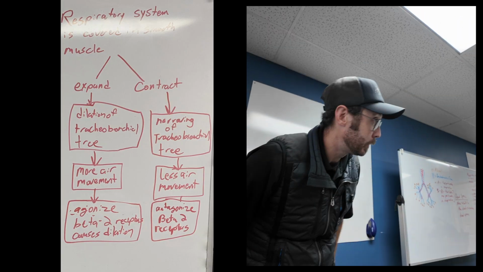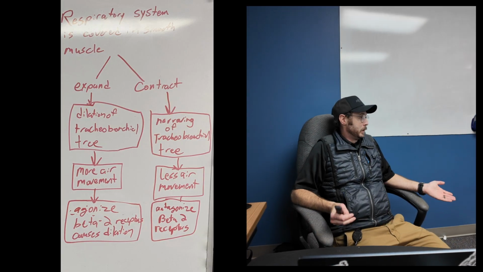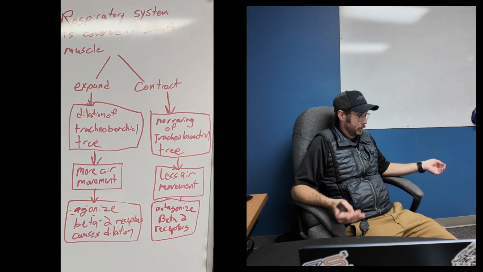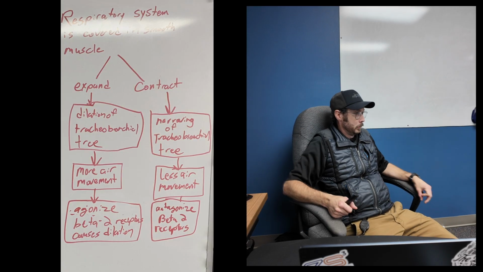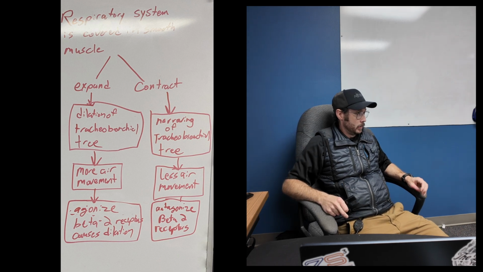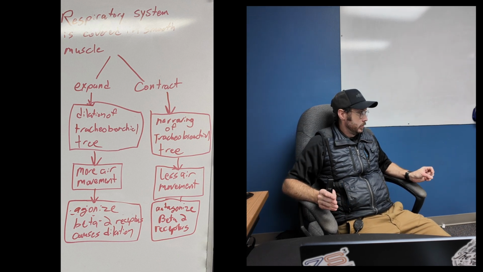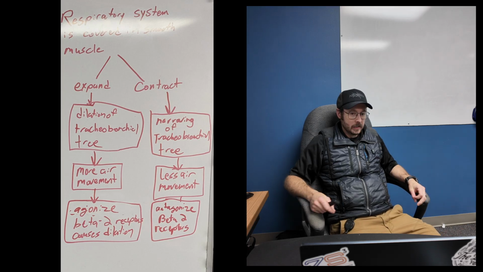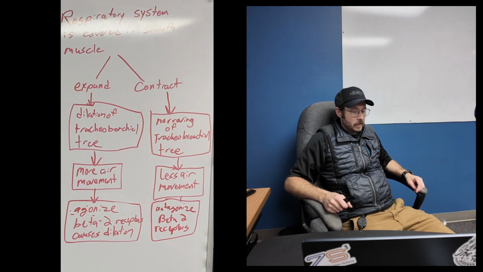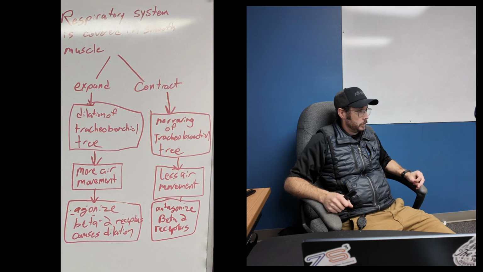Now we don't give anything really that's going to cause a significant amount of constriction there. Most of the drugs that we give are going to cause dilation, right? That's why bronchodilators don't help with anything that's not constricting. Correct. That's why you wouldn't give it to a CHF patient.